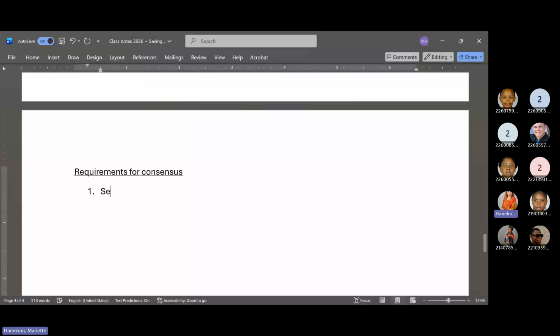The parties must have the serious intention to create legal obligations. And before I go further, start noticing the pattern. It makes the world easier. There's a lot of repetition. What is a contract?